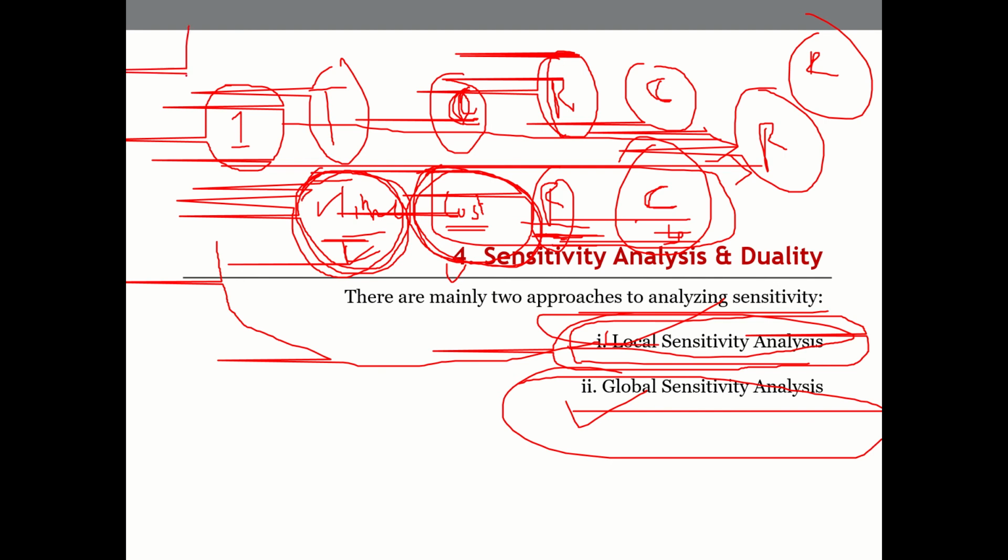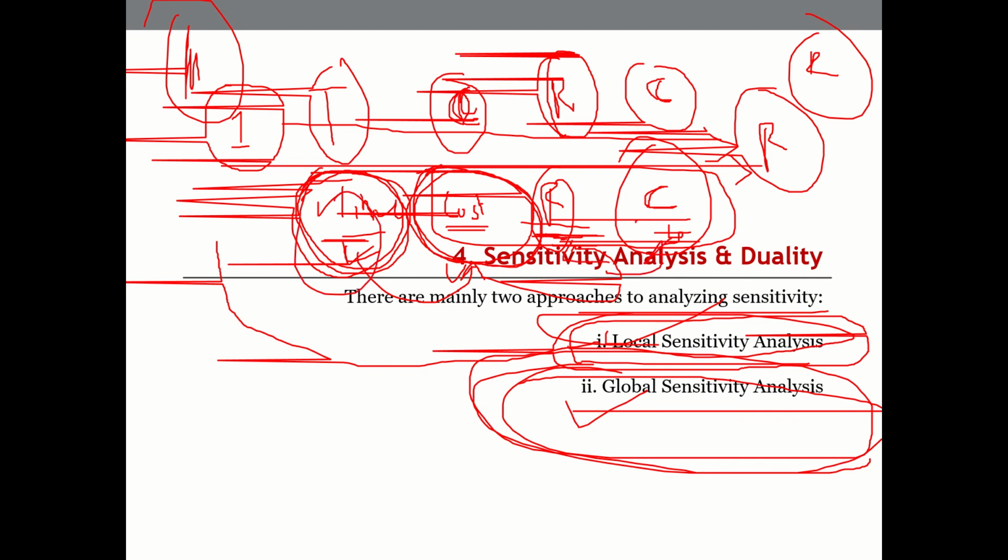The decision or the input parameter is modified one parameter at a time. Quite opposite to local sensitivity analysis is global sensitivity analysis, where all these things are linked. Any change in one parameter will also have an implication on the other parameters.